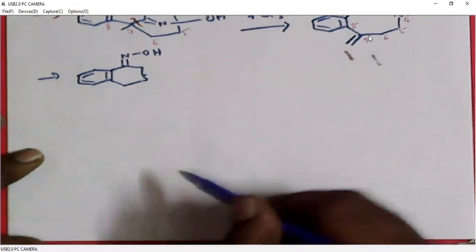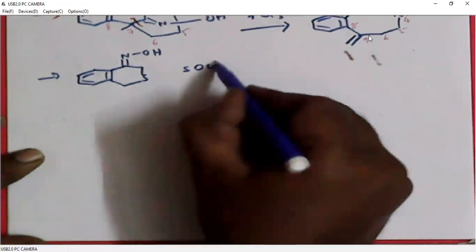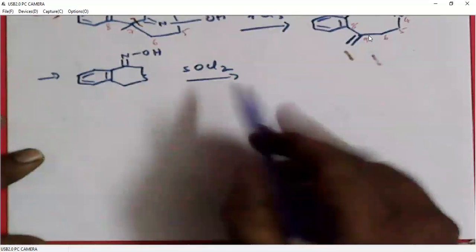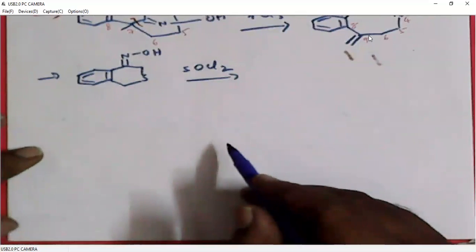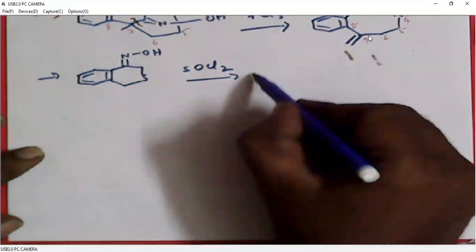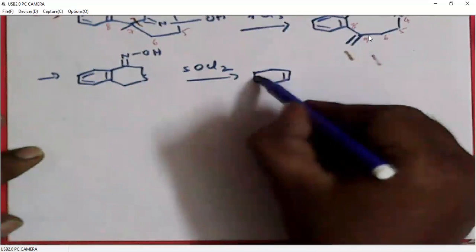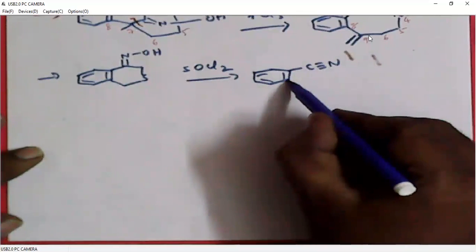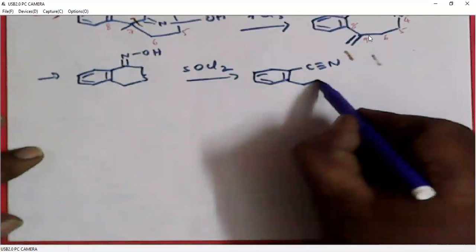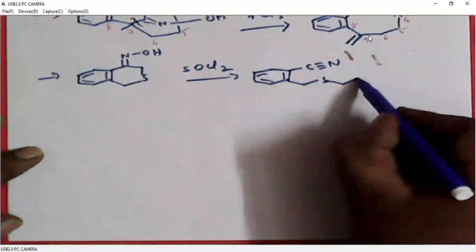When this molecule is treated with thionyl chloride, of course thionyl chloride will make this hydroxy a leaving group. Then this is converted to C triple bond N, sulfur, Cl.